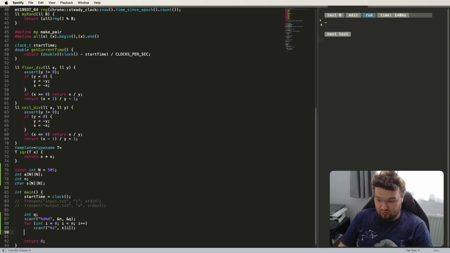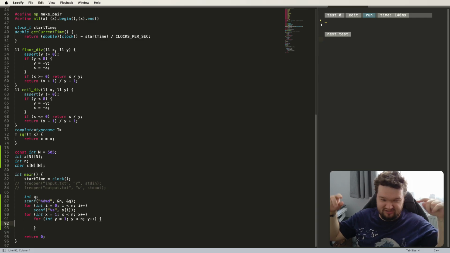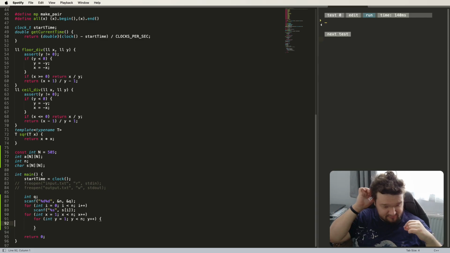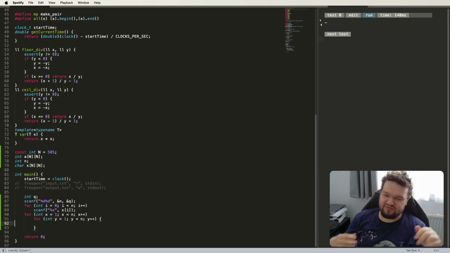So I'm iterating over all 2x2 squares. The number of 2x2 squares is n minus 1 by n minus 1. But then for prefix sums, I will increase both dimensions by 1. So it will be n by n.